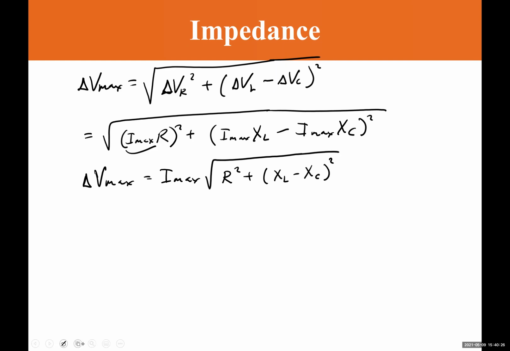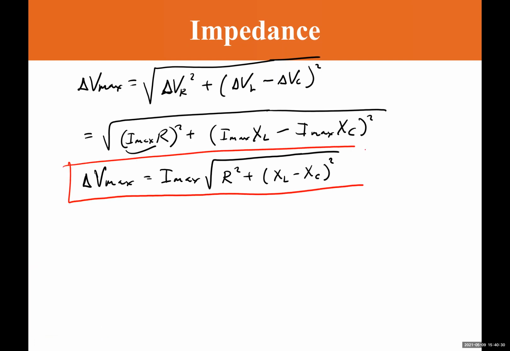Now, this equation is analogous to Ohm's law, where delta V is proportional to the current, and there's a proportionality factor, which is the resistance in the circuit. And that's basically what we have. So this quantity in the parenthesis represents the opposition to current for RLC circuits.